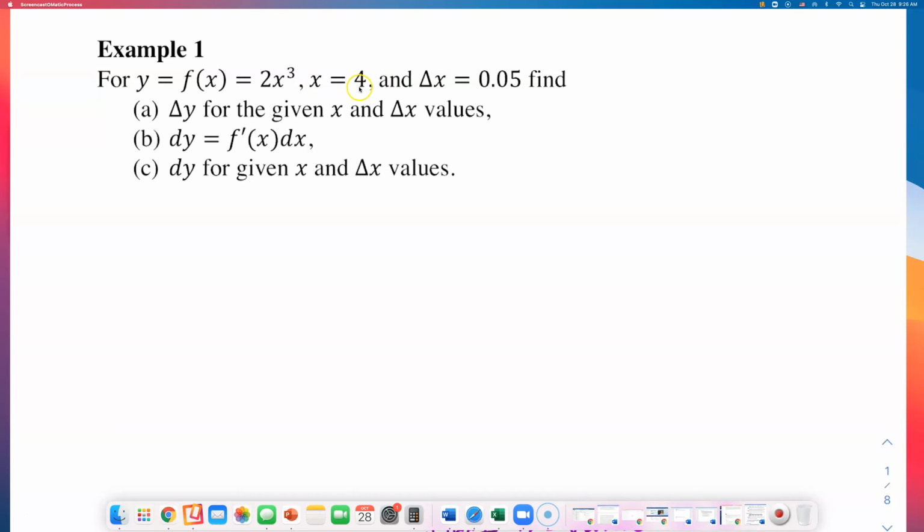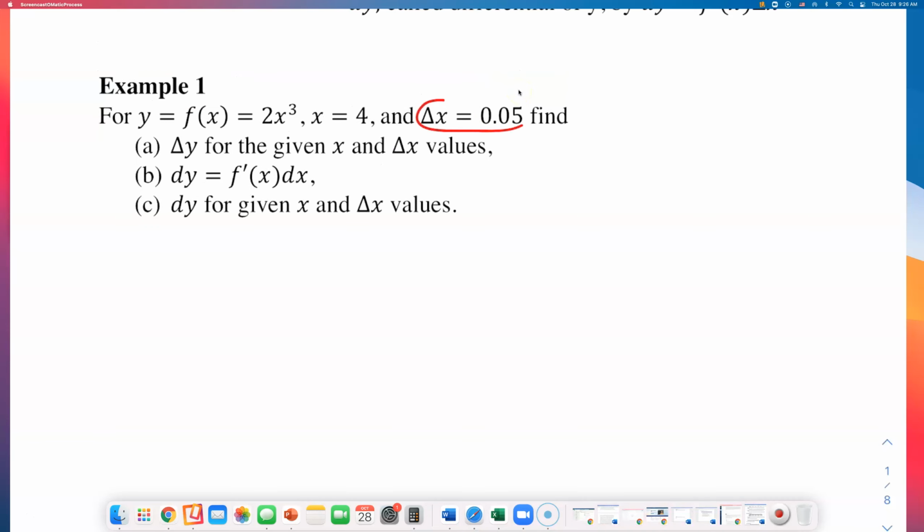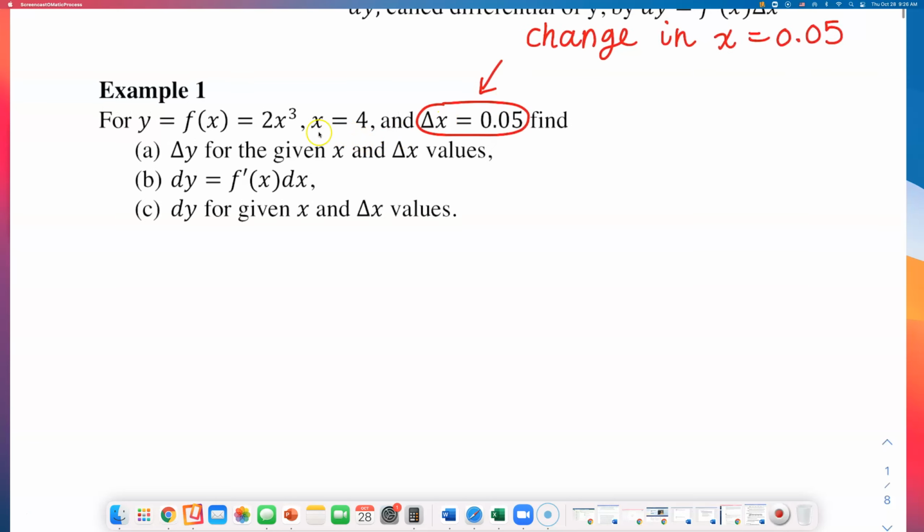We're starting with x equals 4, but what does the second part mean? Delta x equals 0.05. So if I explain this part a little bit, this means change in x is 0.05. So look, we started with x equals 4. This is the first x value, but this delta x is telling us the second x value.